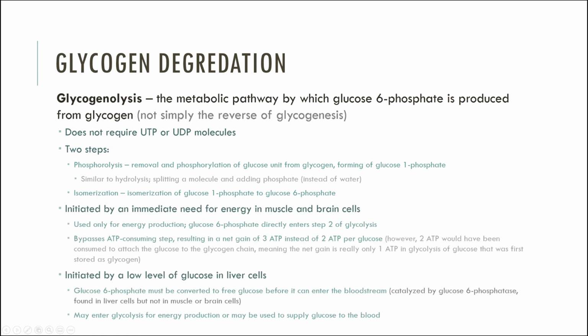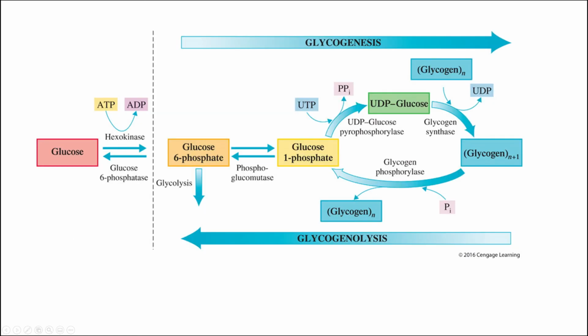All right. I don't think we'll look at that in much detail. It's good to know the overall process, though. Here we go. In glycogenesis, our glucose gets converted to glucose 6-phosphate, isomerized to glucose 1-phosphate. We have our UDP intermediate, and then finally we're at our glycogen stores. So we're ready to go whenever we need energy.